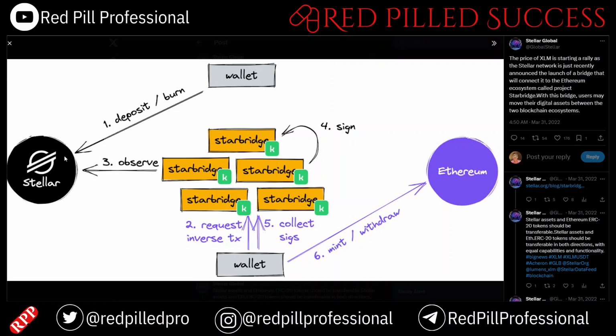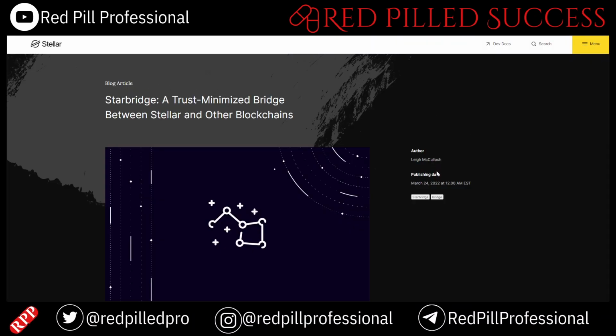So it goes from an XLM wallet, and then once you set everything up for the conversion of XLM to Ethereum and the contracts and everything, your operators will observe and validate the actual transaction, which you can then put things out onto the Ethereum virtual machine.